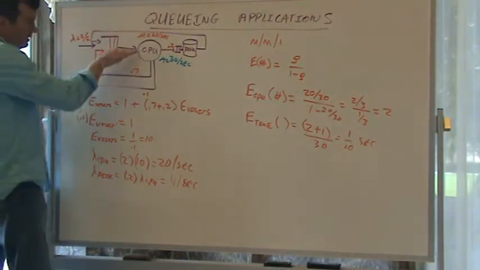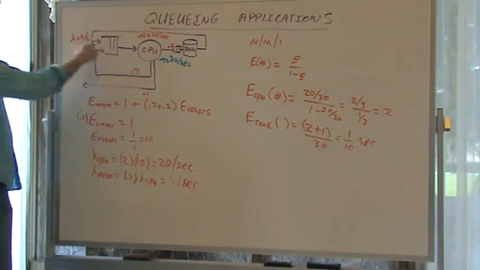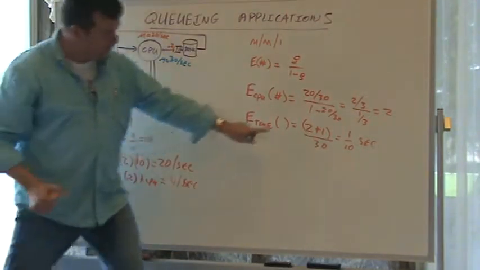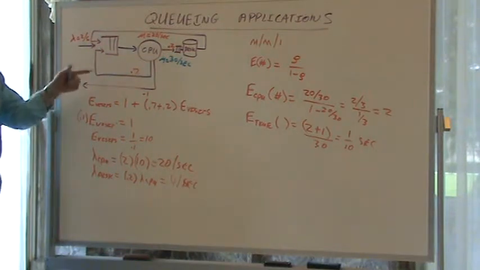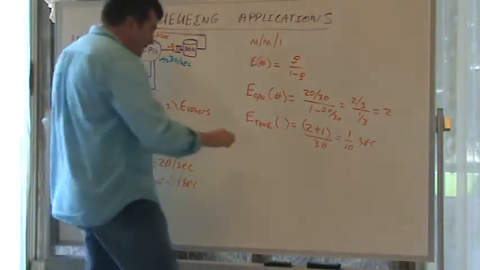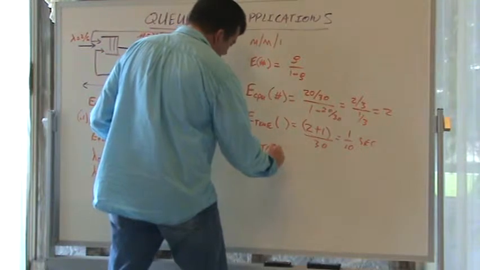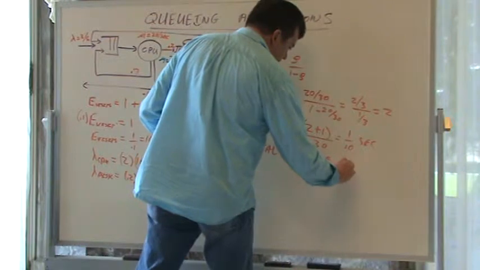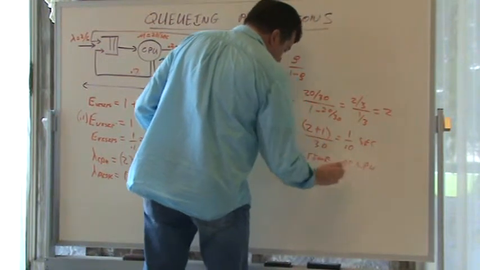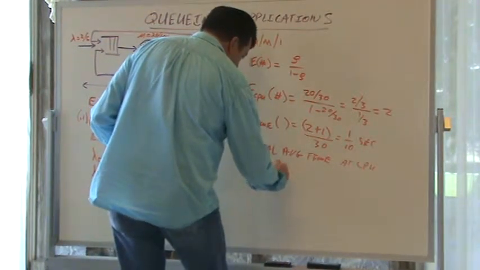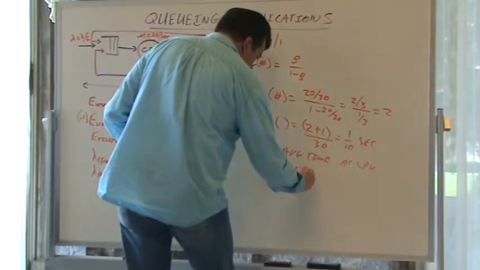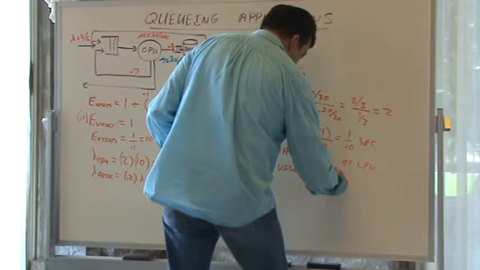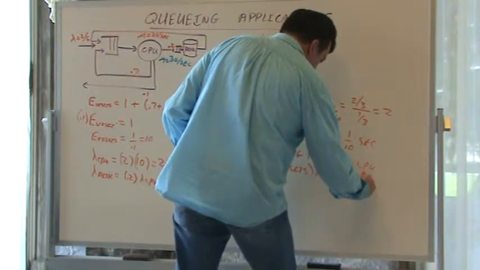So we arrive at the CPU 10 times. We're going to hit it 10 times before we finally get out the door. Each of those 10 visits will take 1/10 of a second. So the total average time at the CPU would be the number of visits times the average time.